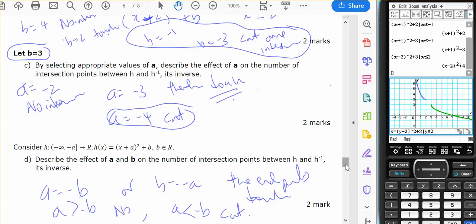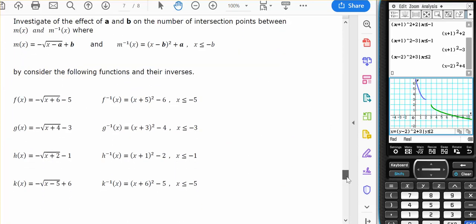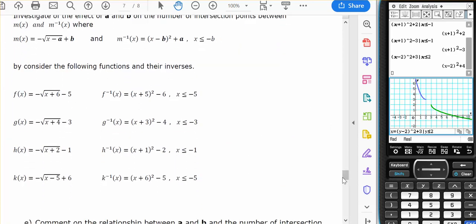And now when I go into section E, I need to have a look at all of these, and you'll notice that they are one apart. Where this is a and this is b. So that for all of them, a minus b equals negative 1.